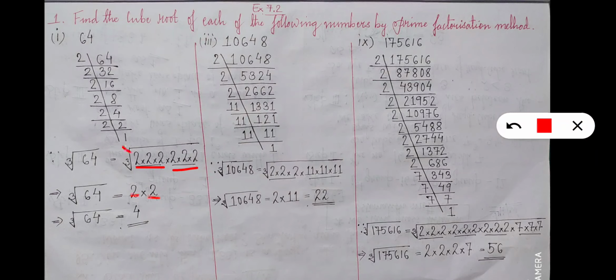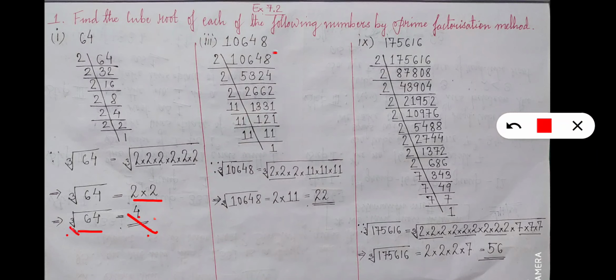No need to write the symbol of cube root, because you have made the triplets and taken them out from the cube root. So 2 2s are 4. So the cube root of 64 is 4. That means if you multiply 4 three times, you will get 64. 4 4s are 16, 16 4s are 64. Are you clear? The cube of 4 is 64 and the cube root of 64 is 4.